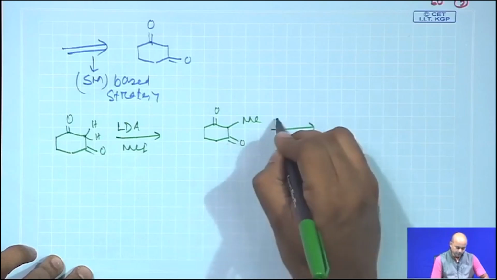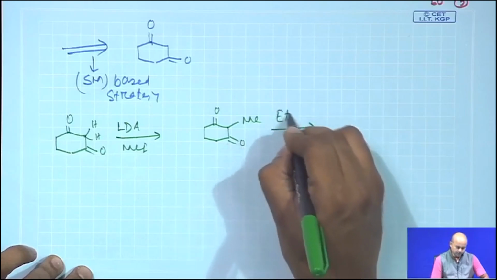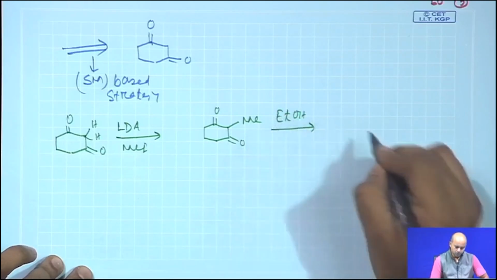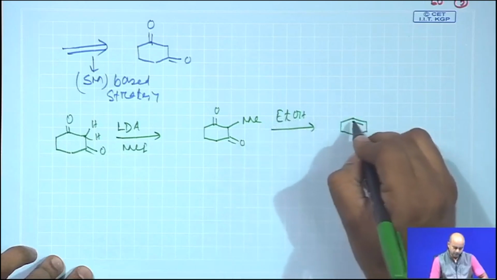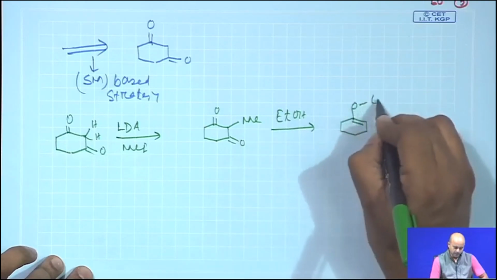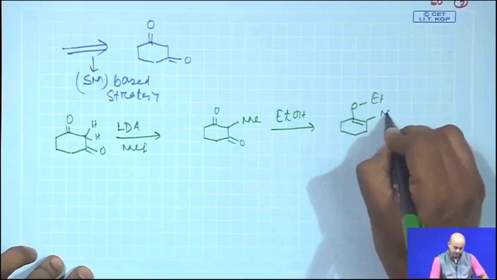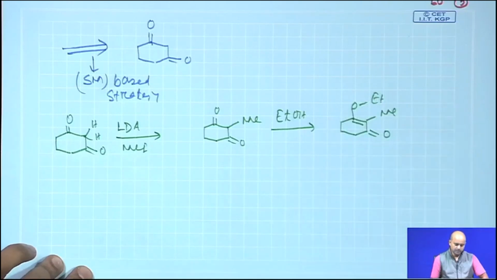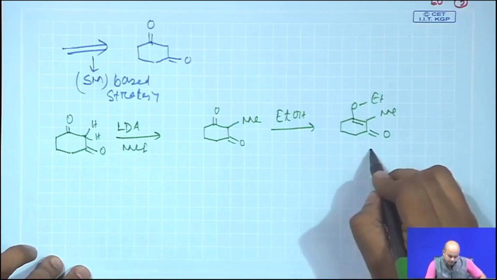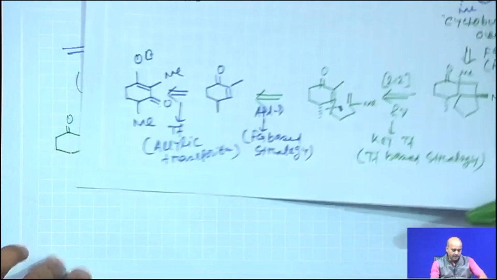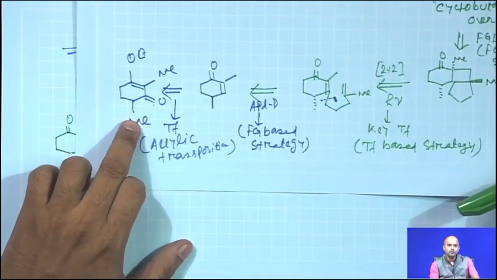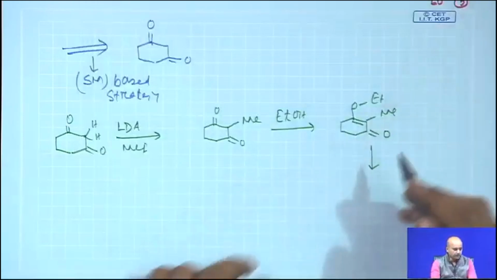Now, this compound is a 1,3-diketone. So, it will tautomerize and will exist particularly as this kind of enol ether. This is known. Now, in this enol ether structure, there should be another methyl which needs to be introduced at this carbonyl.